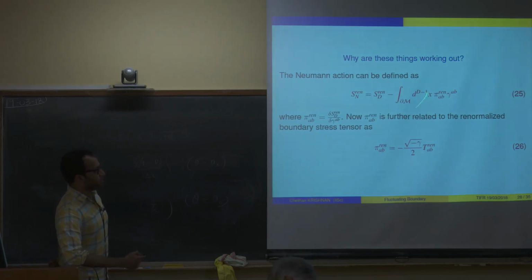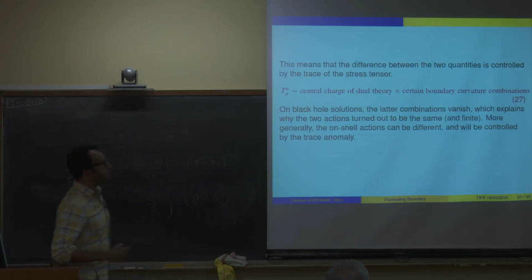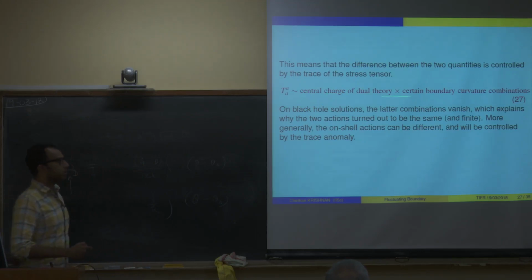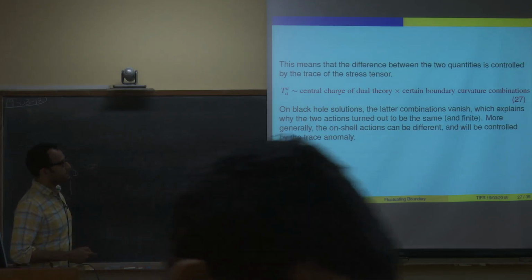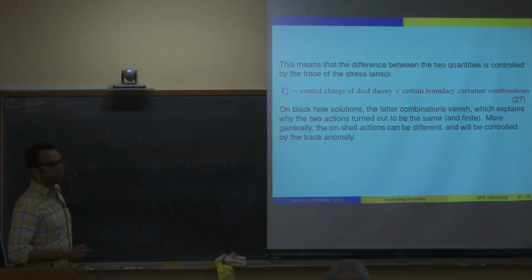So this is one way to understand why that is happening. If you're doing the Legendre transform, this is the thing that goes on the right-hand side, and this pi AB is nothing but the stress tensor times root gamma, which means that this is the trace anomaly. Once you're on shell, this gives you an expression of this form: some central charge times boundary curvature combinations.